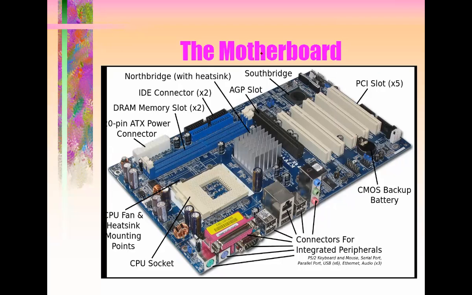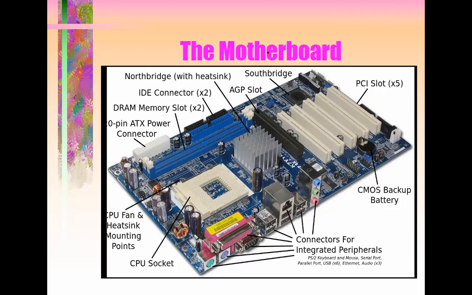Like I said yesterday, this is a generic motherboard, and you can see variations in these things, but the basics are basically the same. So the first thing that you have to take note of is that there is a CPU socket. This is very different from any other circuits.